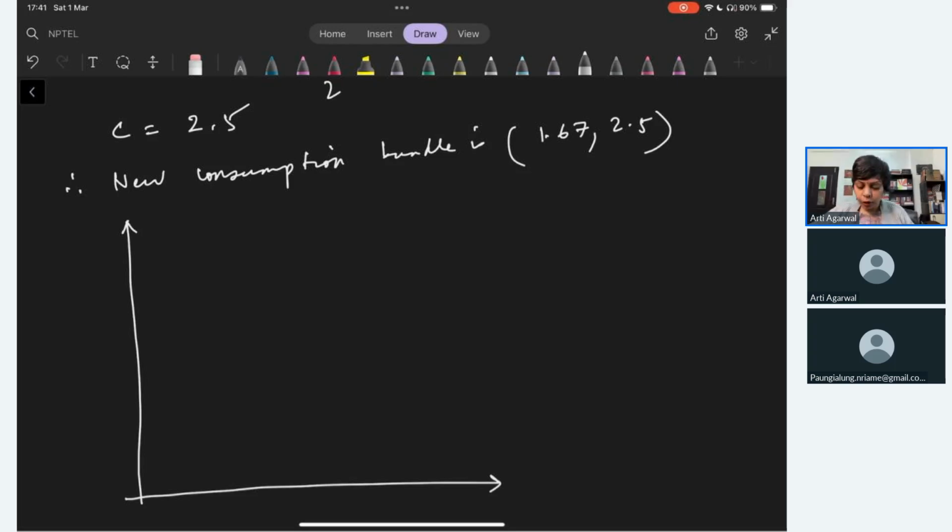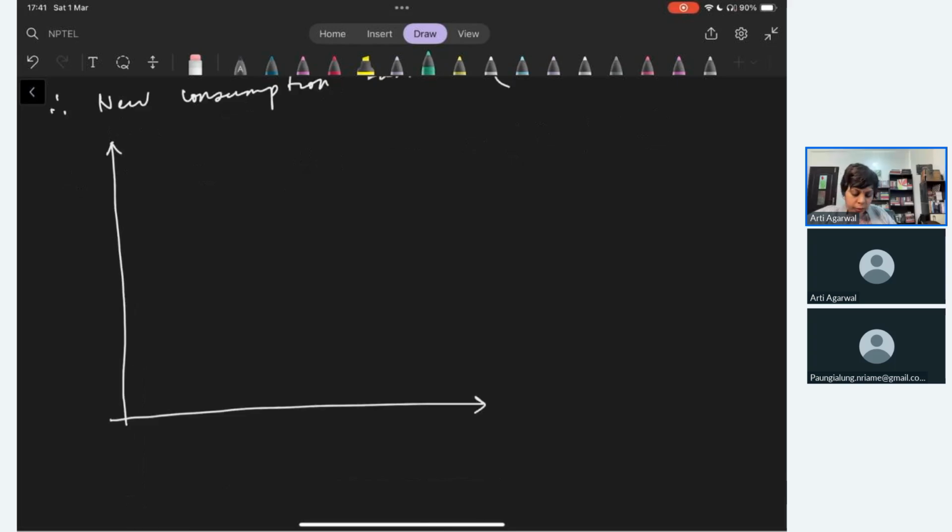So both have reduced. So we'll draw the curve accordingly. Say this is your original budget constraint. Now you have a new budget constraint, which is not exactly the same curvature, but something like this. Let me draw the indifference curves.